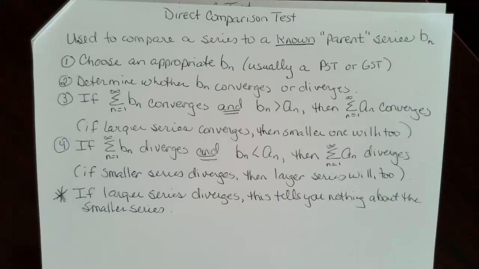In other words, it would be inconclusive. You would have to either choose another B sub n to use or use a different test, okay? Same thing, if your B sub n converges but A sub n is bigger, it tells you nothing, okay? We good with this?